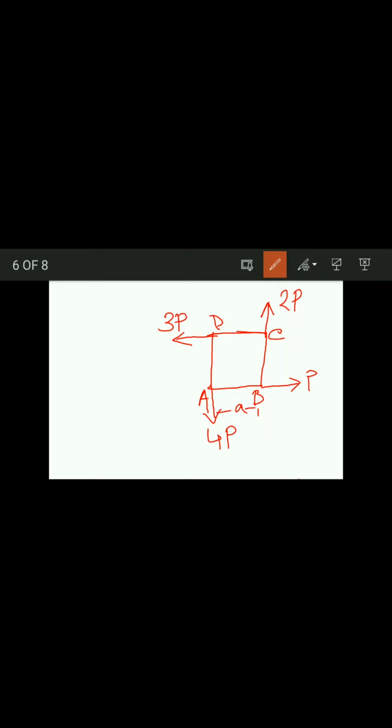Suppose this one is the resultant R, this angle is 225 degrees. The perpendicular distance, this one, is say x.